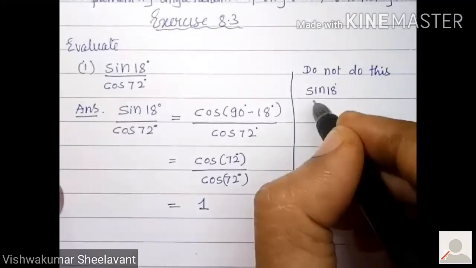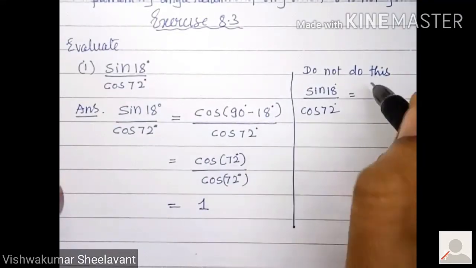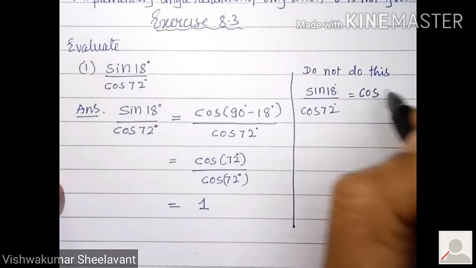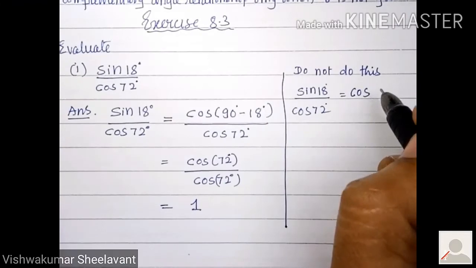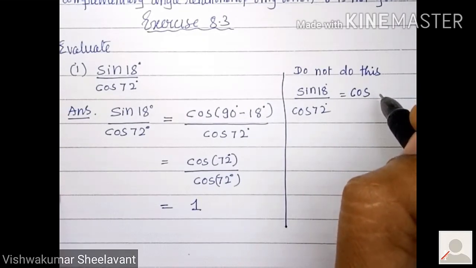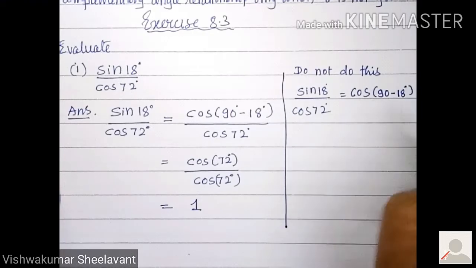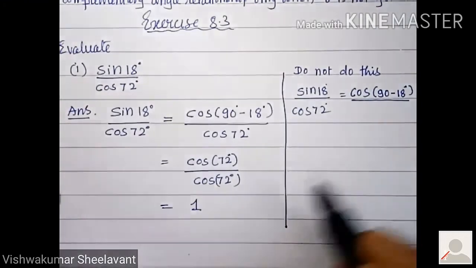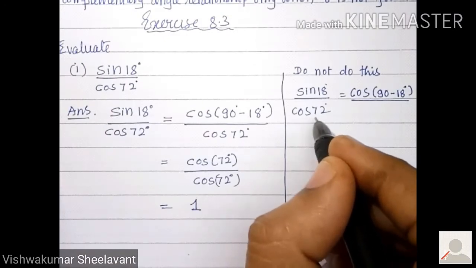Sine of 18 by cos of 72 equal to, you are applying the complementary angle relationship for sine theta, that is cos of 90 minus 18. You will apply the complementary angle relationship for cos of 72 also.